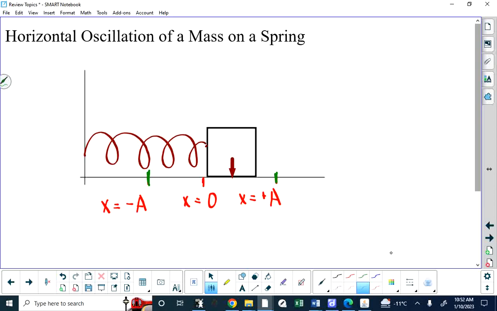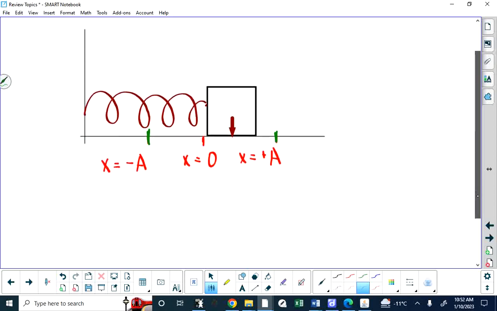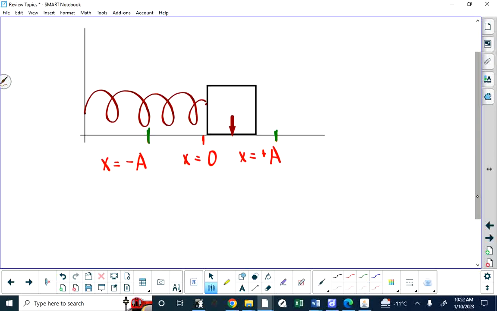And when you talk about mechanical energy, and this goes back to Unit 2, mechanical energy is the sum of kinetic and potential. So we learned that the potential energy stored in the mass spring system is 1/2 kx squared.